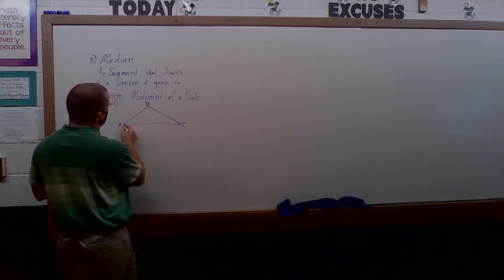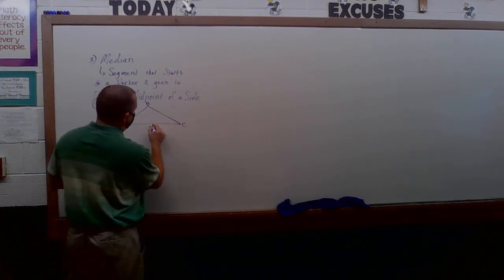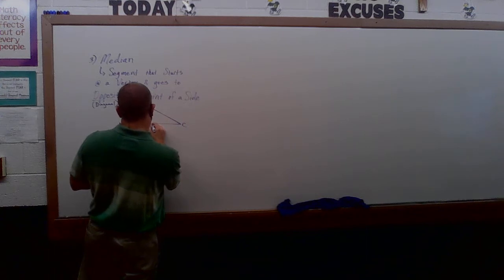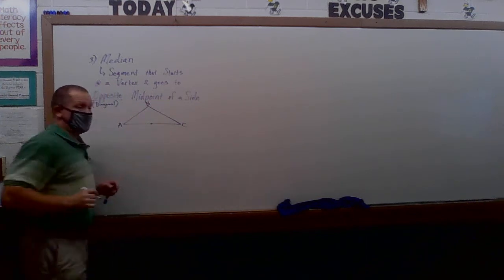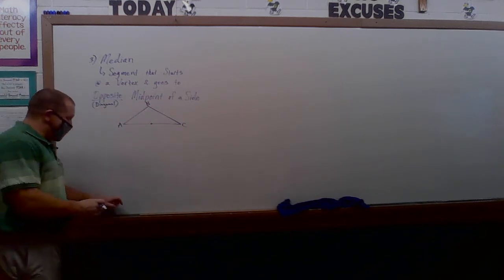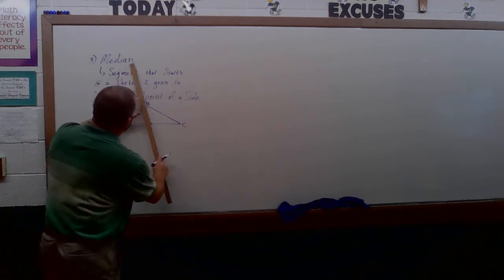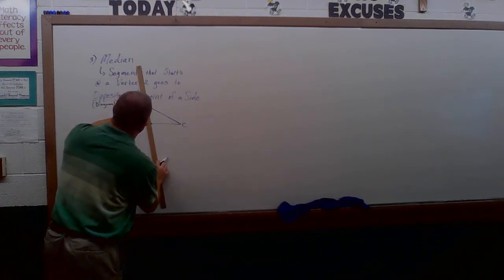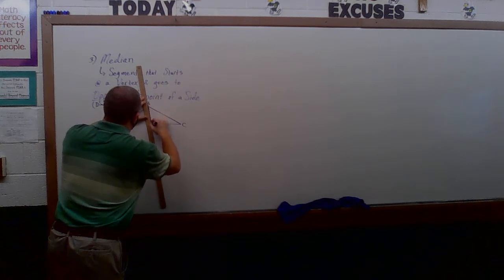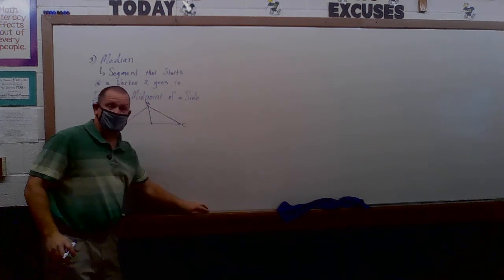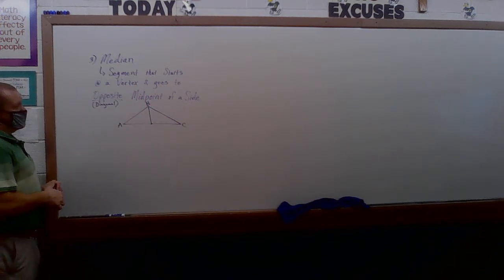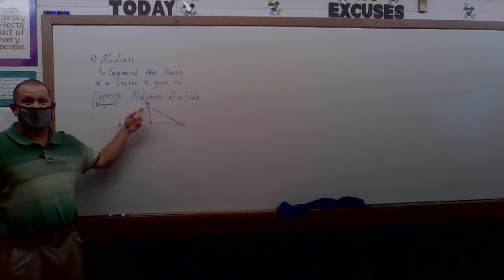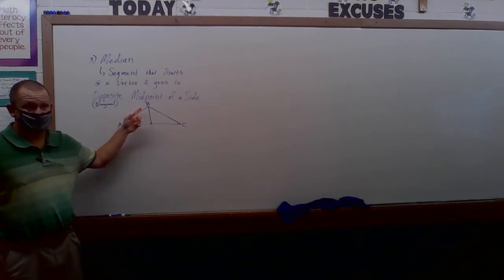The first thing that I want to do on AC is find the middle. So I want to find the midpoint. And then after I know the midpoint, I'm drawing it back to that opposite vertex. But it's really important that it starts actually at a vertex. Okay?